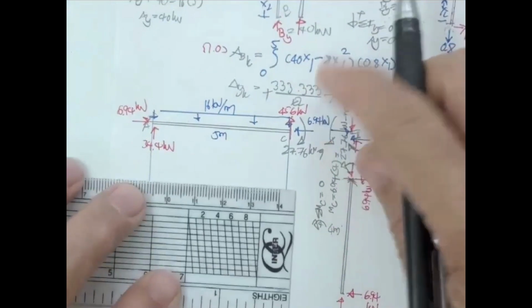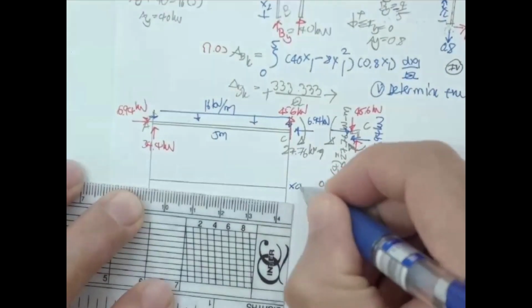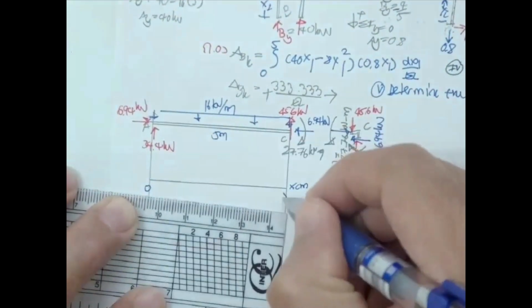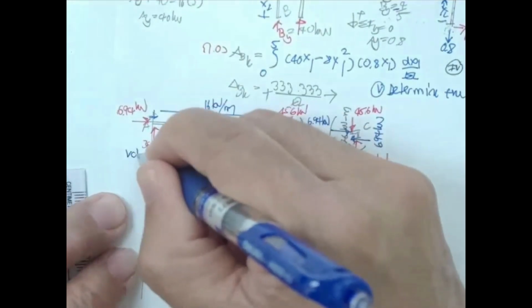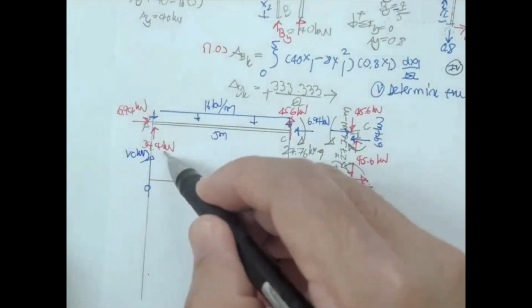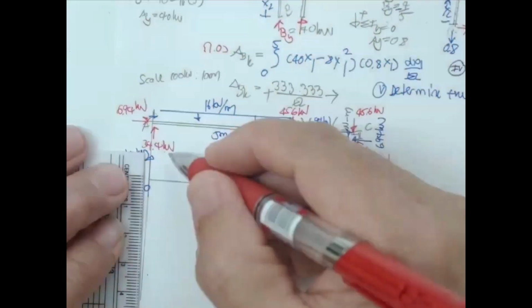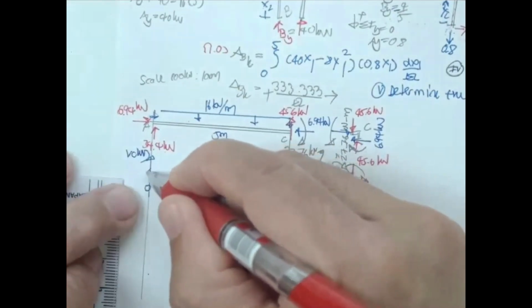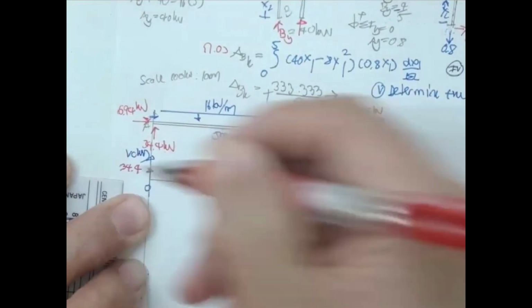So let us start with the beam, and let's put this one to be x meter, 0 and 5. You have this one to be V kilonewton, and then 34.4. Okay, if you do the scale, 100 kilonewton per 10 millimeter, you may have this one up to 3 millimeter, 34.4.